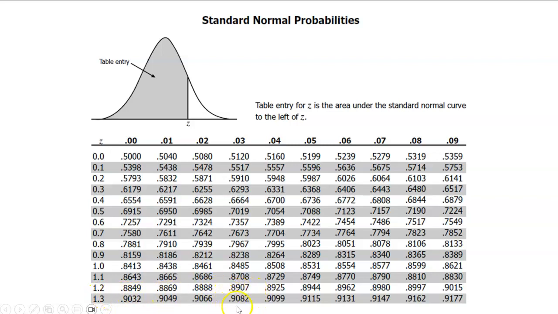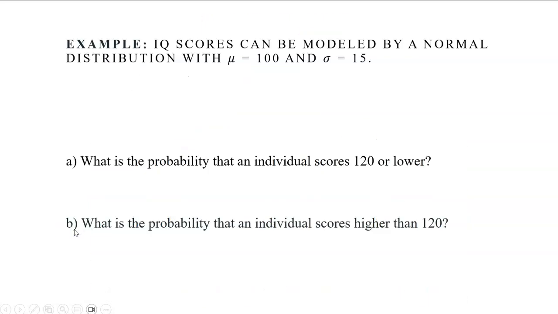So we will go here, and this is our probability right here, 0.9082. So the probability of it being less than 120 would be 0.9082. So I'm going to go back to this. Our probability here is 0.9082, and that's the probability of it being less than, all right?